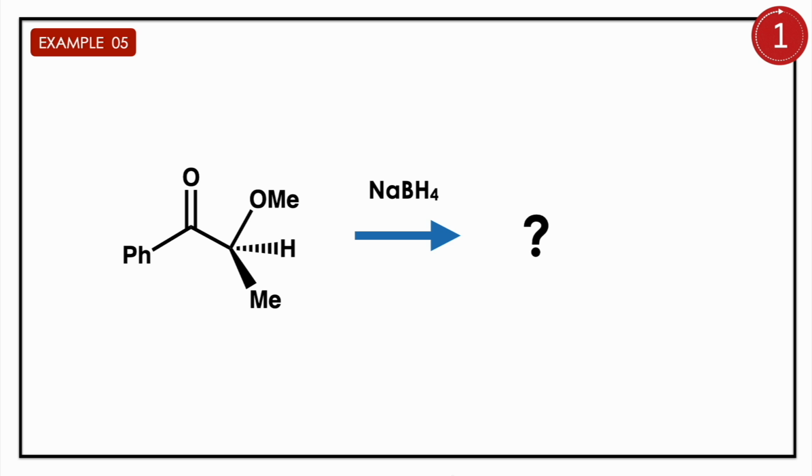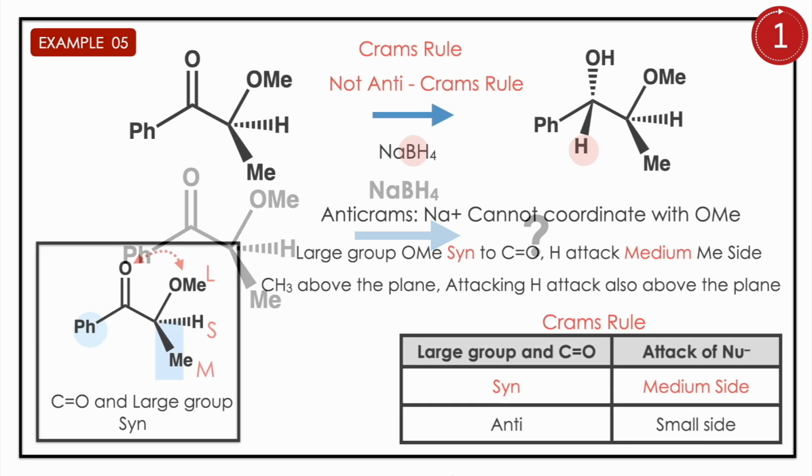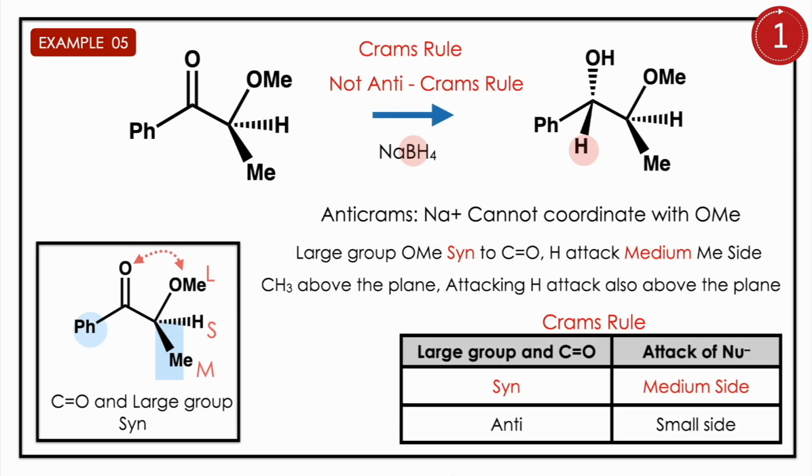You should find what will be the final product. This problem is given to show the exclusion in anti-Cram's rule. Here you have an O-methyl group, carbonyl, and sodium. You should know that sodium cannot coordinate with O-methyl. So if the Z group and metal don't coordinate, it means Cram's rule, not anti-Cram's rule.